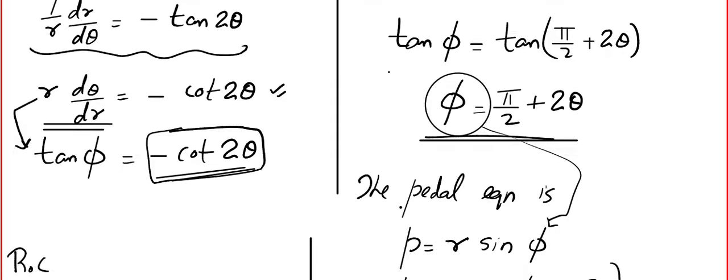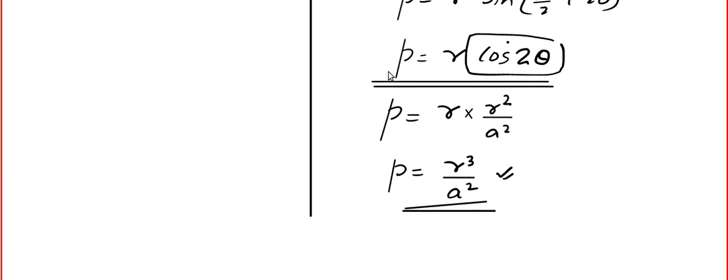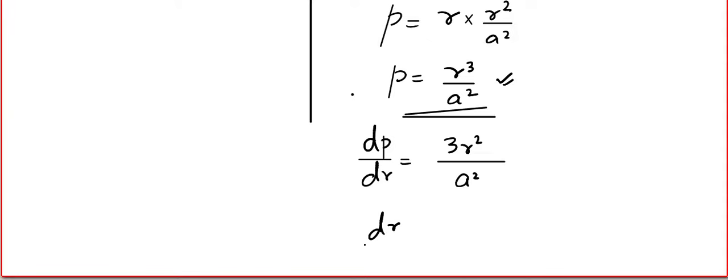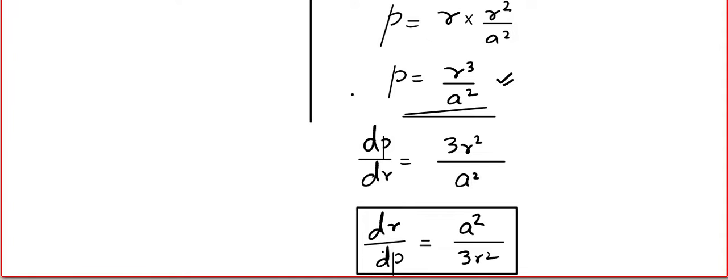So that is exactly what I'm going to find. We have P here, right? So I'm going to find dp by dr. The denominator is a constant and the derivative will be 3r square. So dr by dp will be a square by 3r square. So let me put this in a box.